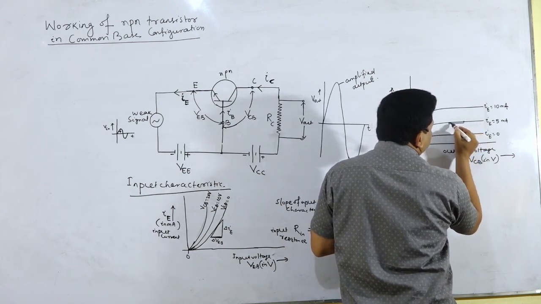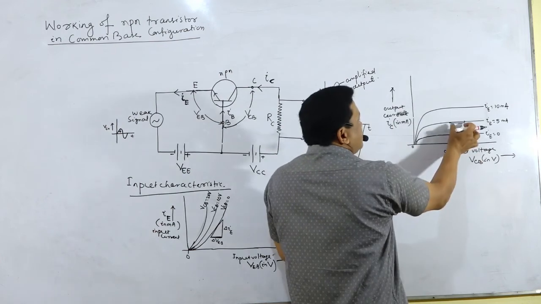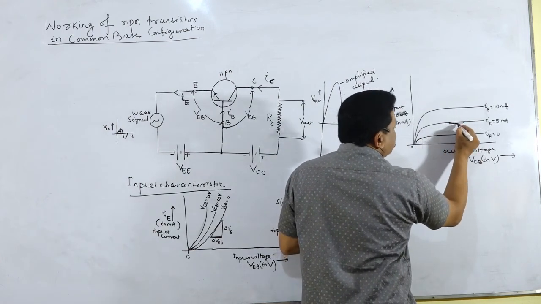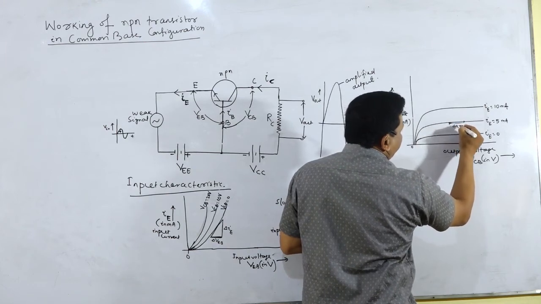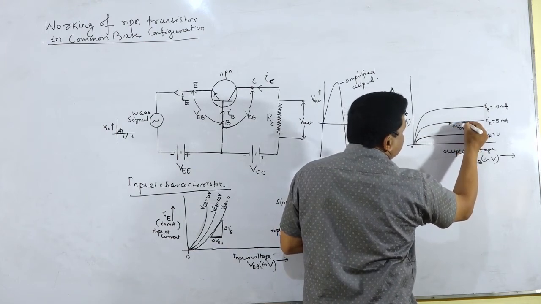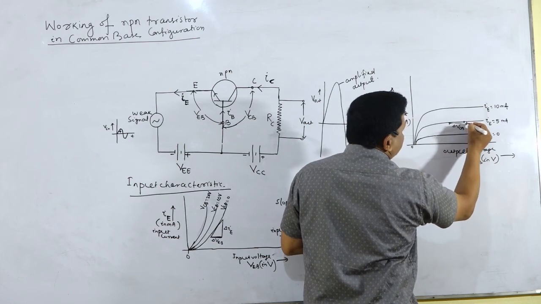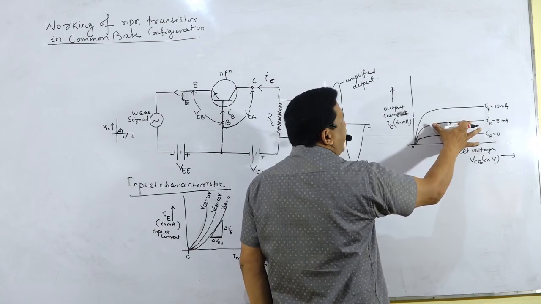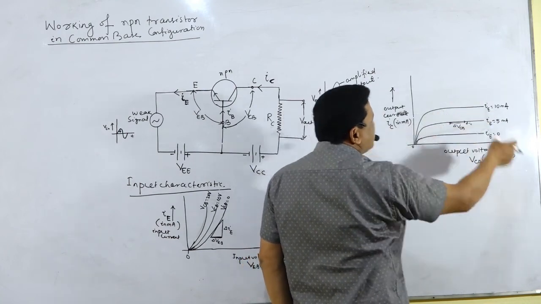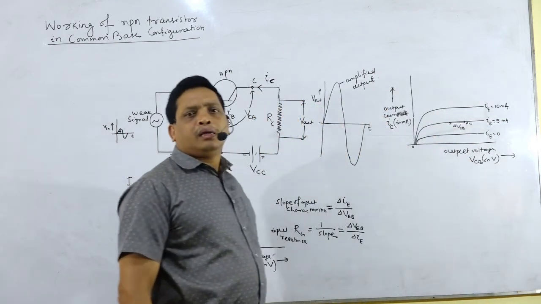You will see that this one is the change in output voltage, which we call delta VCB, and this is the change in output current, that is delta IC. So a very large change in output voltage brings a very small change in output current.